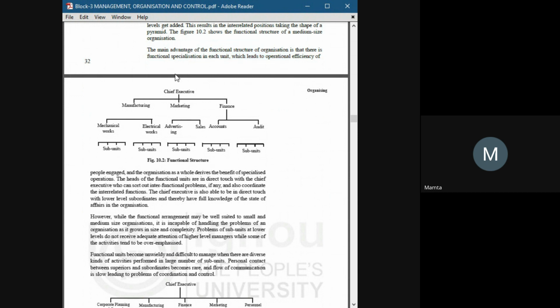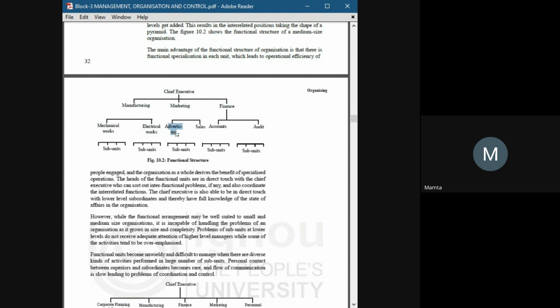Now look at this functional structure. Here we have a chief executive. We have three departments: manufacturing or production, marketing, and finance. Each department has subunits, sub-departments, which are mechanical work or electrical work.